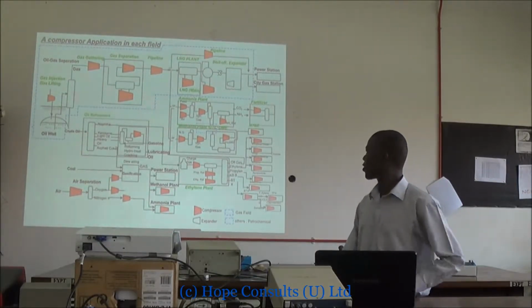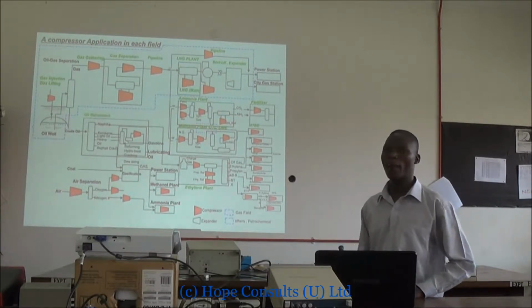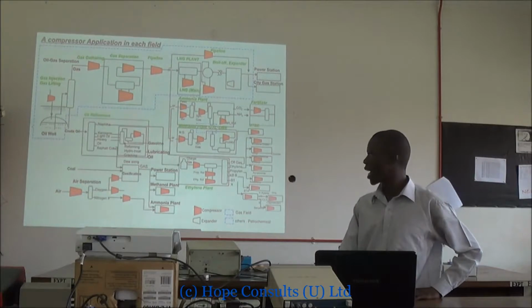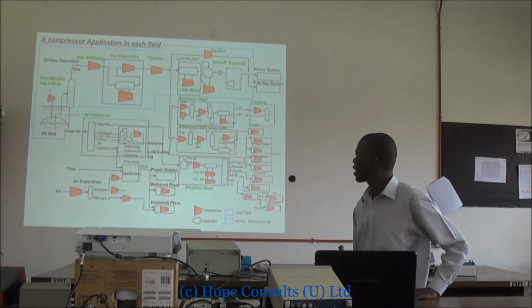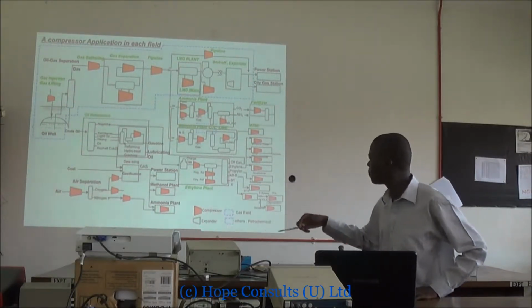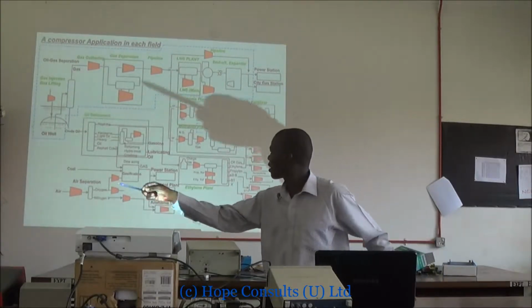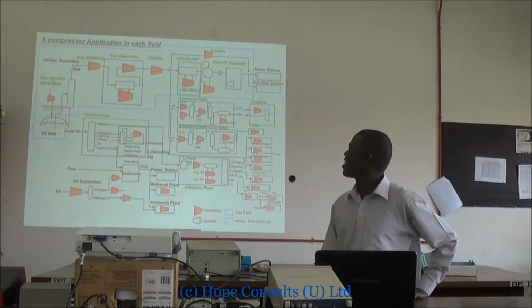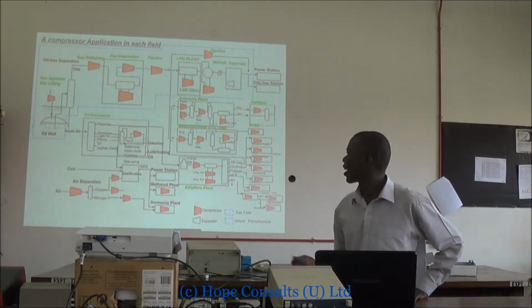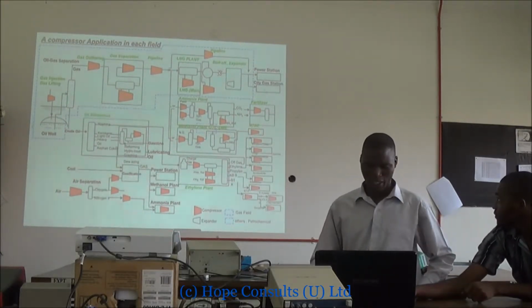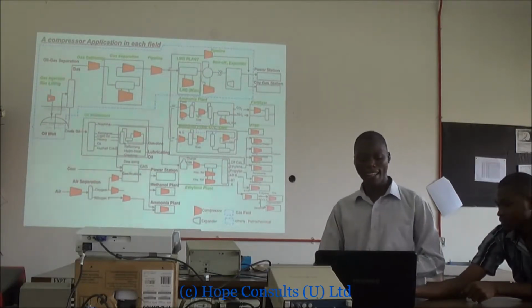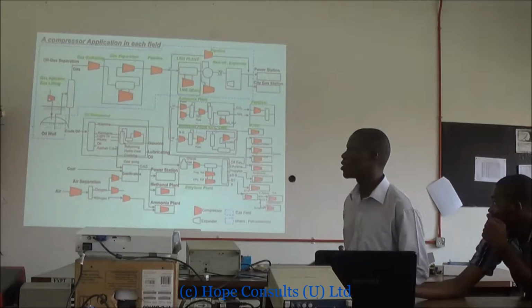Those red things that you can see is where you can apply your compression, and the first one is gas injection. You can call it gas lifting, where you can lift the gas, and you can also gather the gas together using compression.